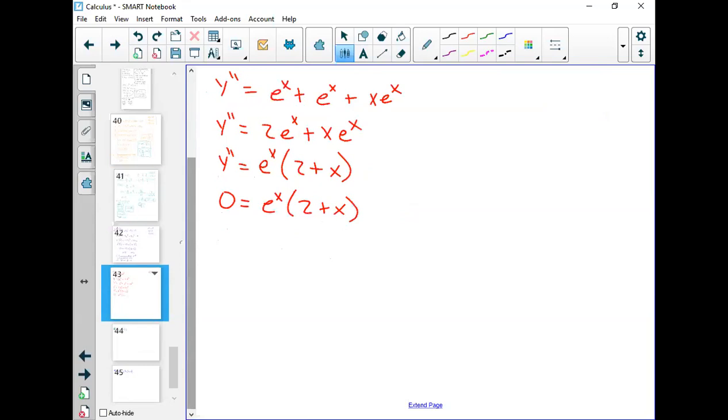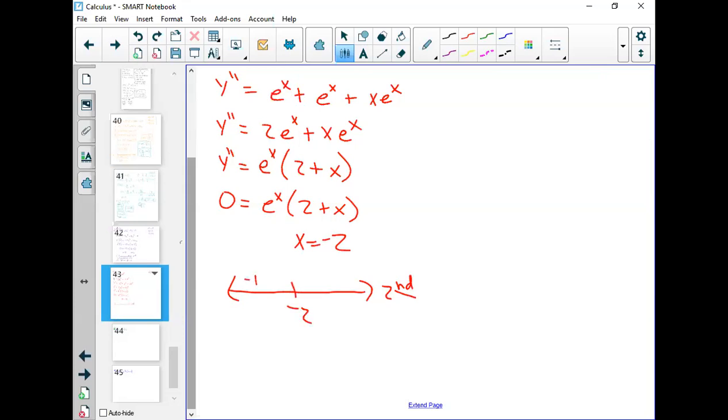E to the x will never be 0. Never, ever, ever. So the only time that this is 0 is when 2 plus x is 0. And the only time that is 0 is when x is equal to -2. And now we can put that on our second horizontal line test. -2.